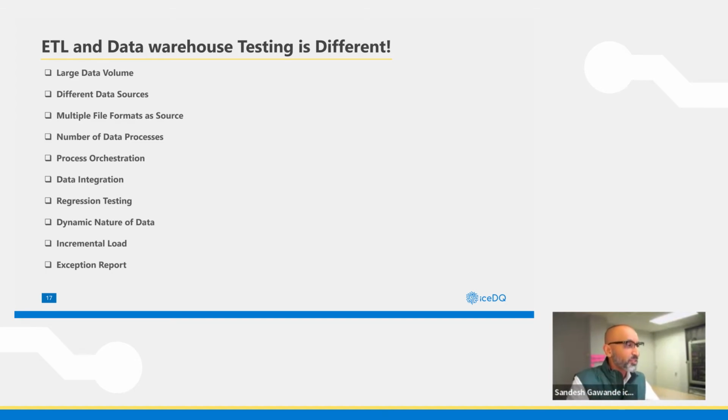So these are some of the issues that come up when you are dealing with ETL testing or data warehouse testing. The data integration, right? You get data from multiple sources. So how do you integrate? For example, there are two kinds of integration.